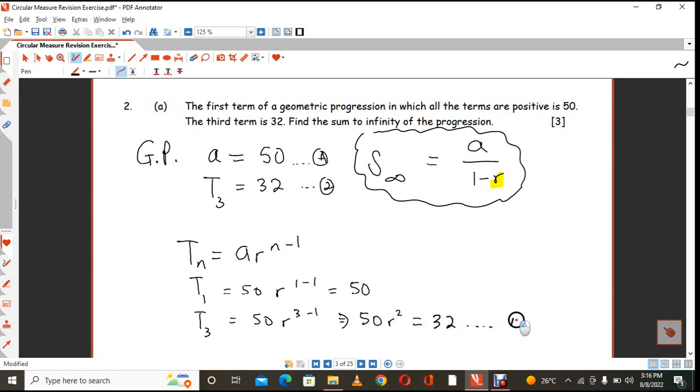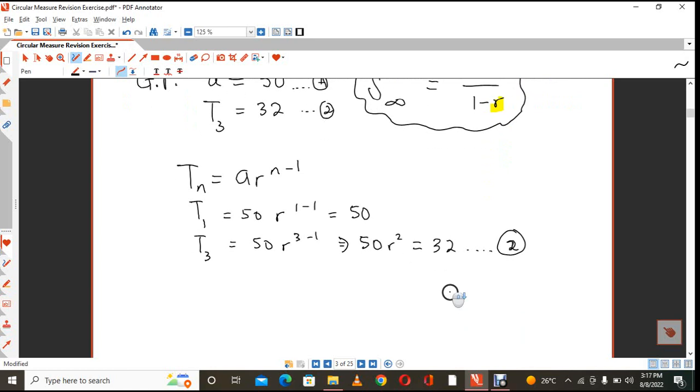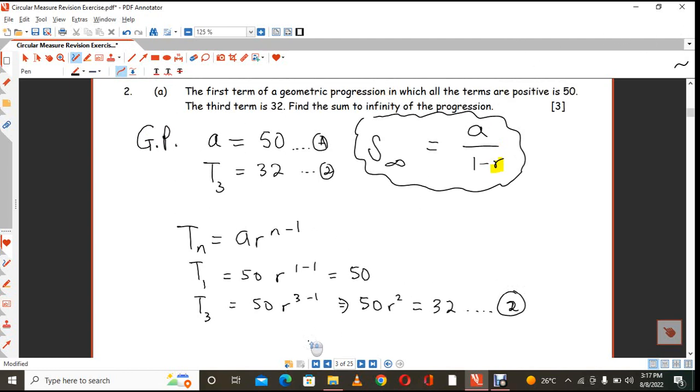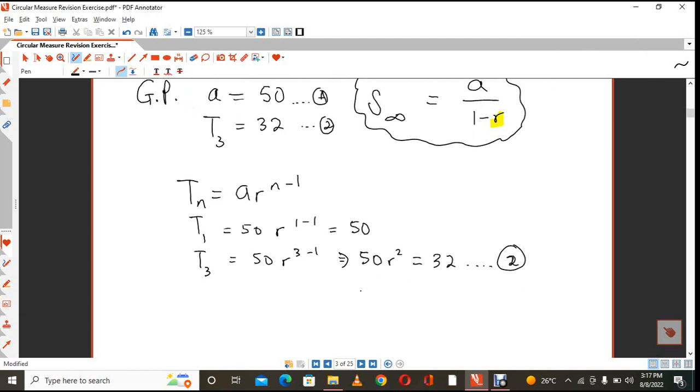So let's say that is my second equation, and this is obviously the value of A. If you substitute the value of A into the second equation in order to find R, here A represents the first term, which is just going to be 50. So if we are substituting 50R squared, which is the third term, it is going to be 50R squared equal to 32.